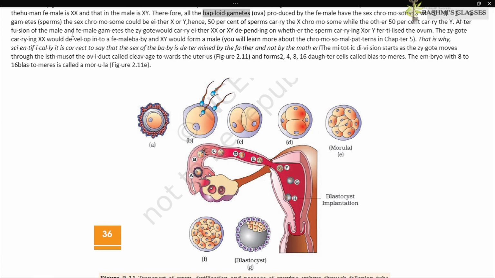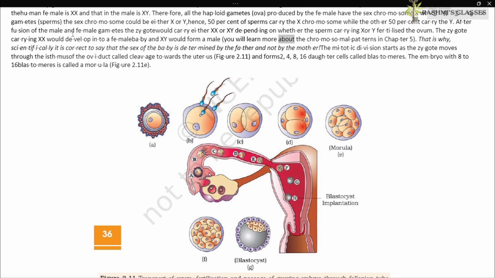Therefore, all the haploid gametes, ova, produced by the female have the sex chromosome X, whereas in the male gametes, sperms, the sex chromosome could be either X or Y. Hence, 50% of sperms carry the X chromosome while the other 50% carry the Y. After fusion of the male and female gametes, the zygote would carry either XX or XY depending on whether the sperm carrying X or Y fertilized the ovum. The zygote carrying XX would develop into a female baby and XY would form a male.